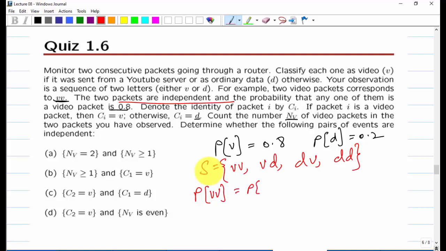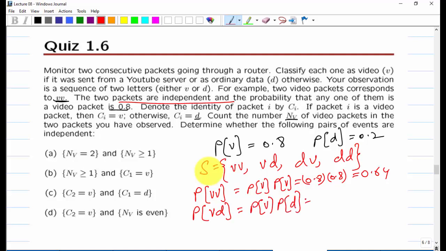The probability of VV is probability of V times probability of V, which is 0.8 times 0.8, which is 0.64. Similarly, the probability of VD is probability of V times probability of D, which is 0.8 times 0.2, which is 0.16.